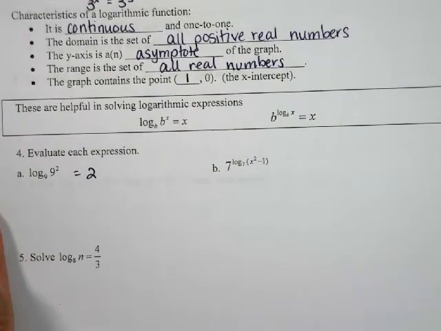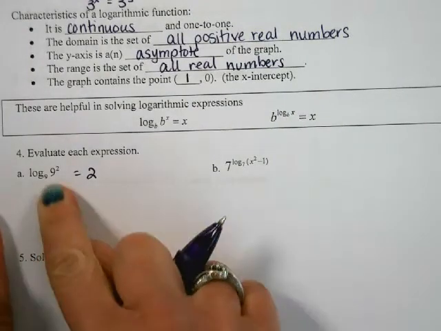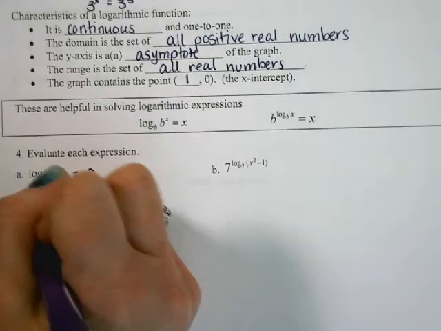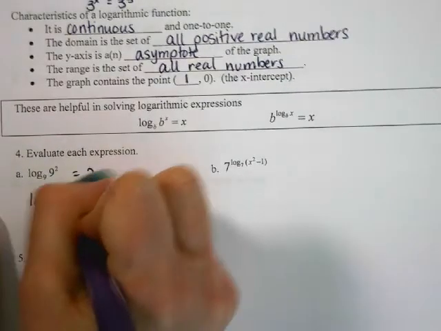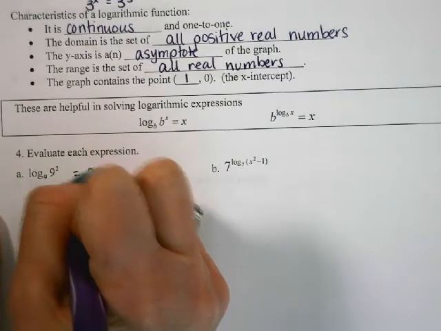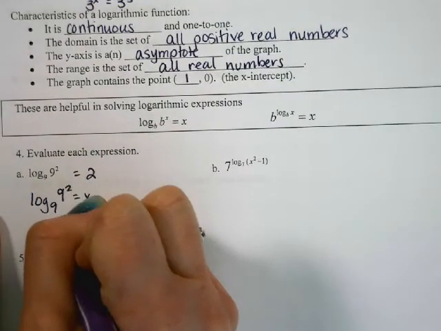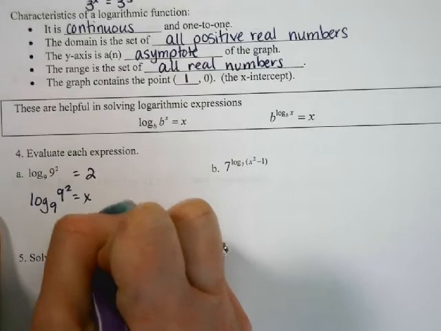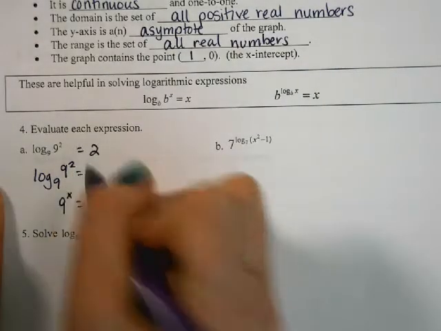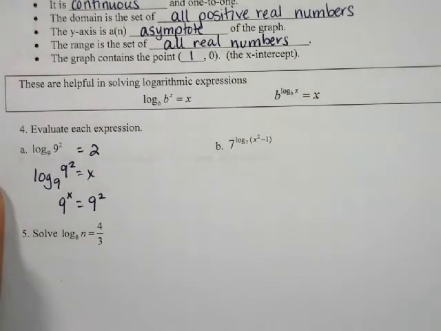Does that make sense? You just convert it. You put equals x. Let me do that. Log base 9 of 9 squared equals x. Change form. So 9 to the x equals 9 squared. Why is the 9 a subscript?